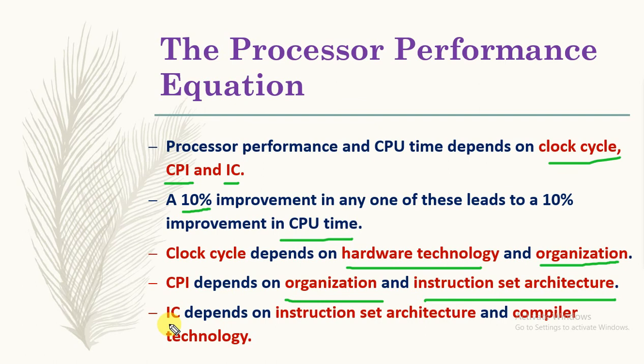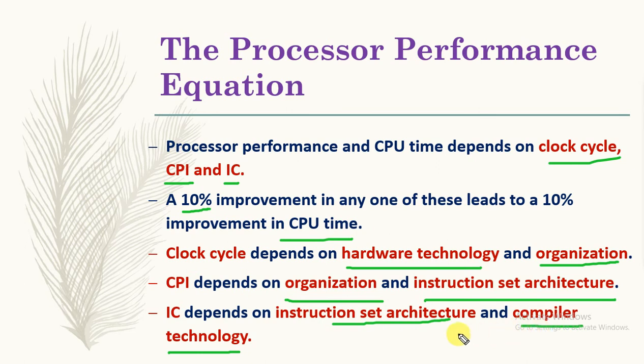Now instruction count depends on the instruction set architecture and the compiler technology. So how many instructions will be available first depends on the instruction format, and second, some compilers, when they do optimization, will reduce the number of instructions. So it depends on the compiler technology whether the instruction count will be increased or decreased.